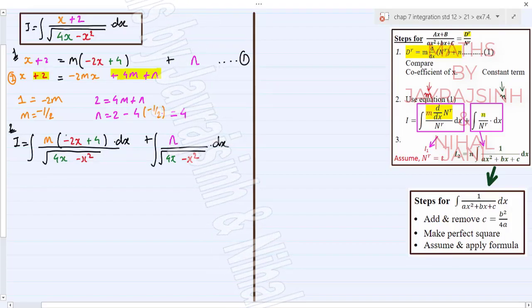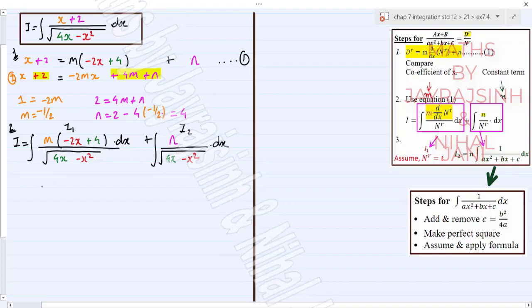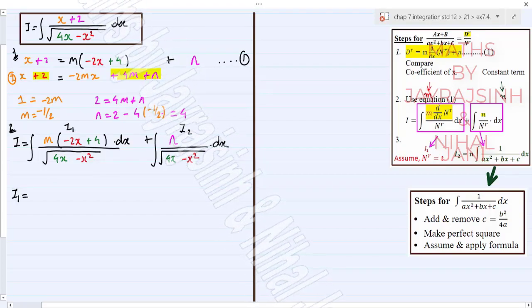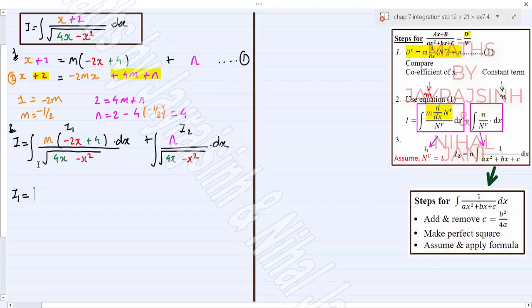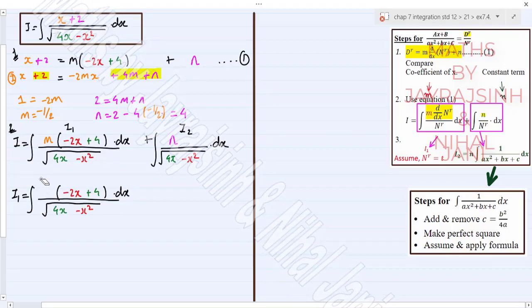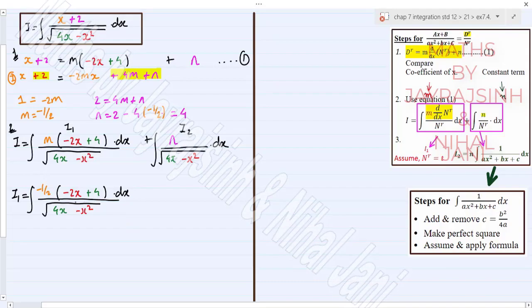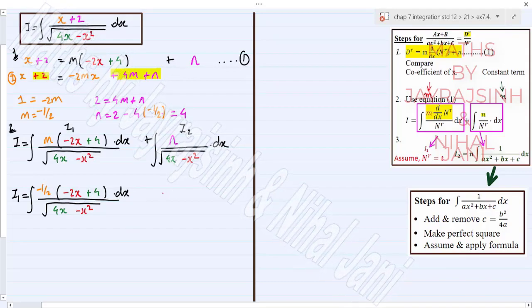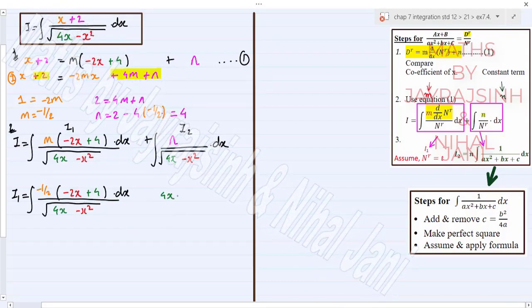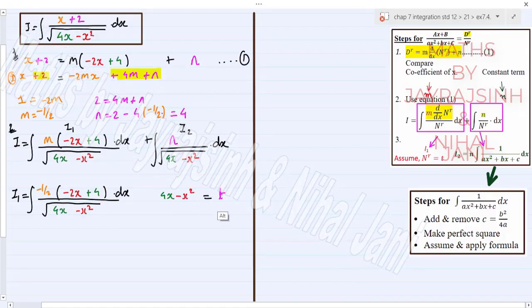Now in the third step, let's assume the first term as I1 and the second term as I2. So first of all, let's try to get our I1. Now let's substitute the value of m, which is minus 1 by 2. And to integrate I1, we have to assume 4x minus x square is equal to t.